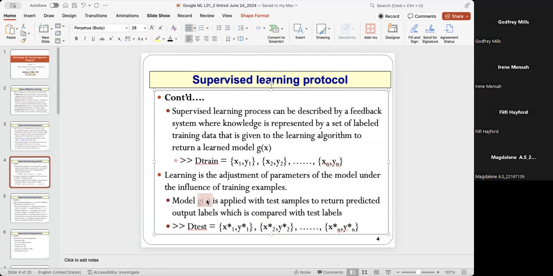So, as we said the last time, the data set that we have, we normally split into 2 types. The type that we are using to learn the relationship, and the type that we are using to test whether the relationship has been learned enough.